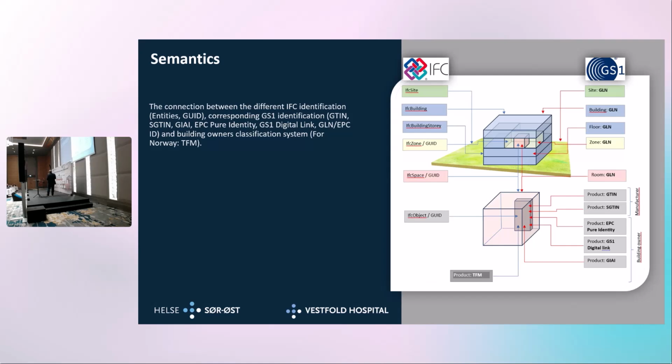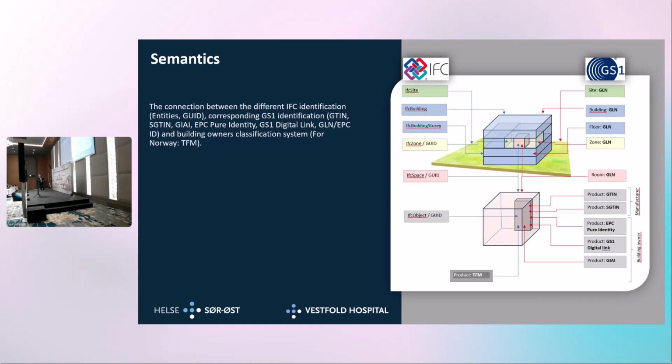If we go to the semantics and look at how this could be implemented, you can see here we have a drawing where we put the IFC identification on the left, and we have the GS1 on the right.